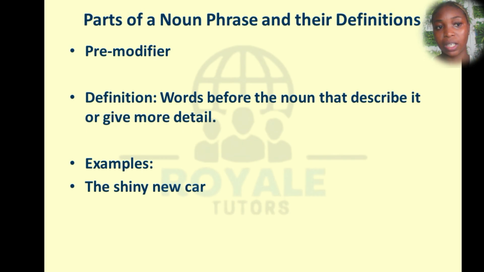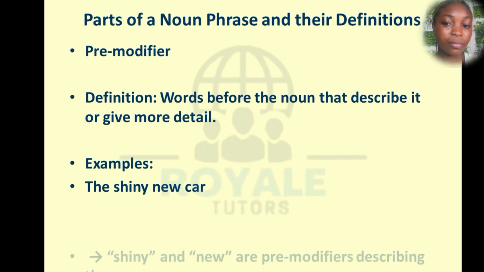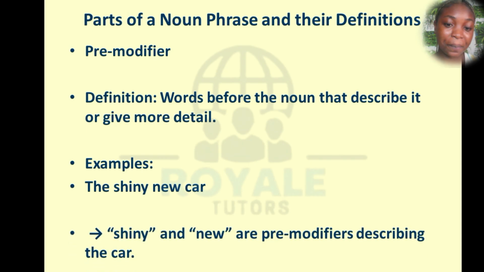And what is the noun here? It's the car. All right? So that's to say that shiny new, describing the car, comes before the car, which is a noun. We can call shiny new the pre-modifiers. All right? Shiny and new are the pre-modifiers describing the car. So that is that for pre-modifiers.